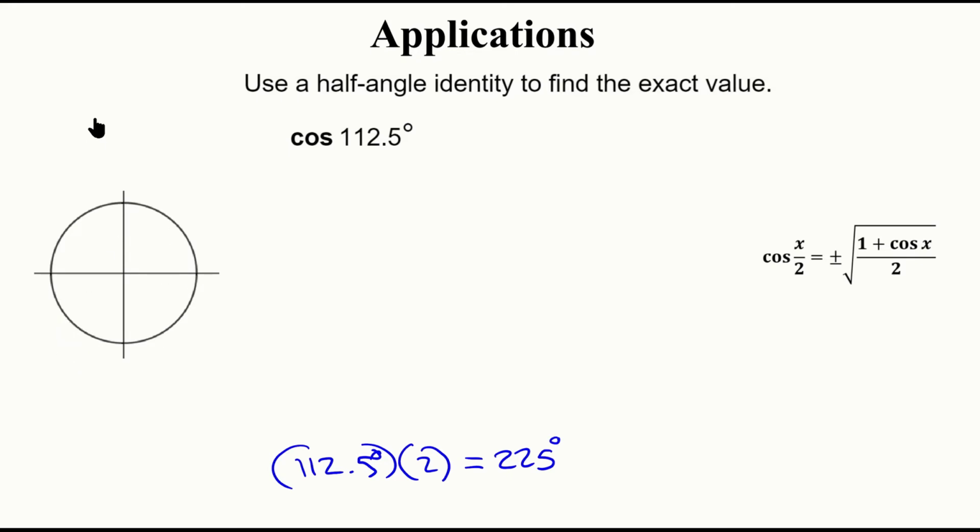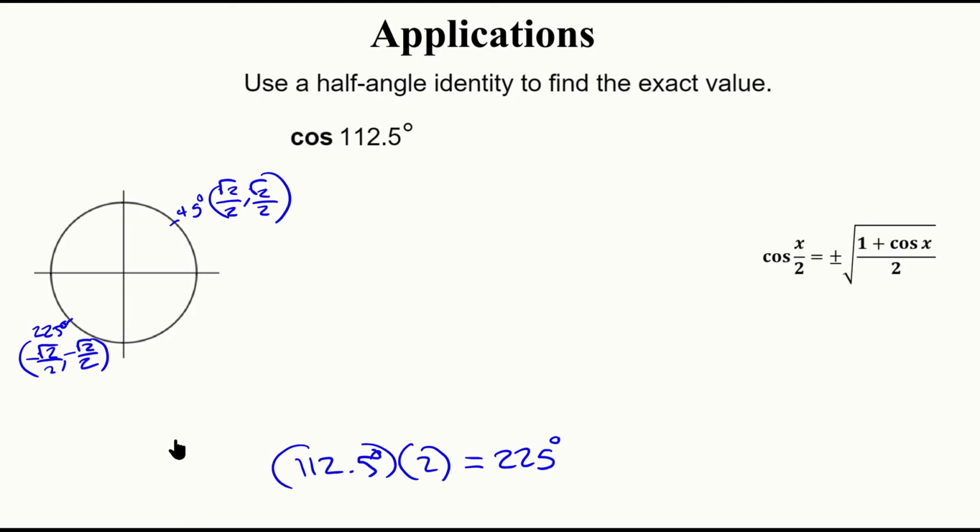So we notice that for 45, our values are square root of 2 over 2 and square root of 2 over 2. So here at 225, we're going to have negative square root of 2 over 2, and also the sine will be negative square root of 2 over 2 because both x and y values are negative in the third quadrant.